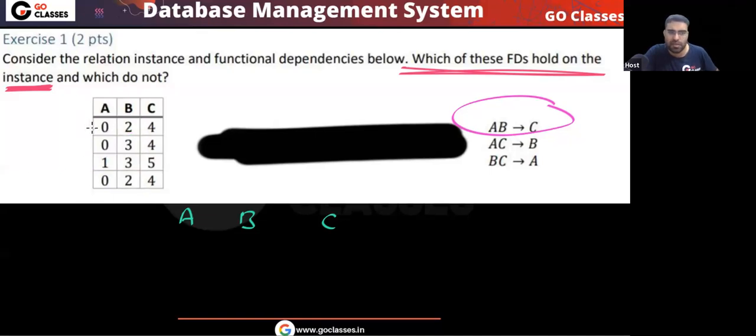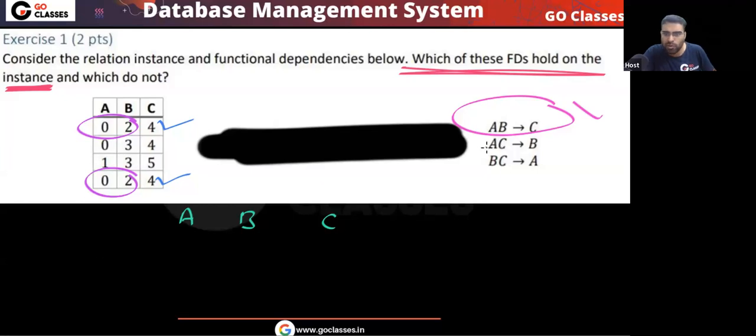Here and here, the AB combination is same, and C is also same. So yes, this holds for this instance.